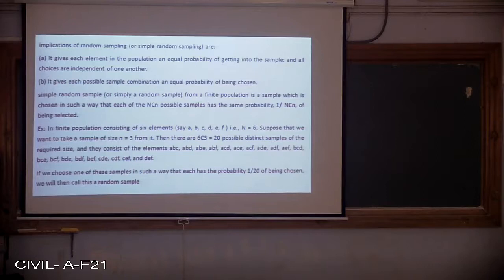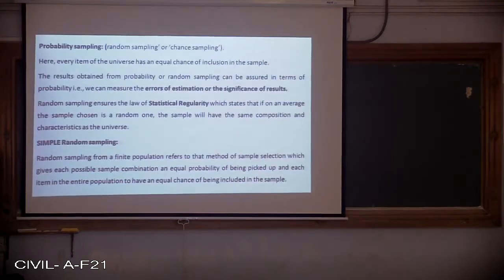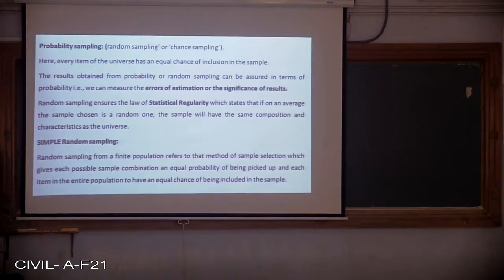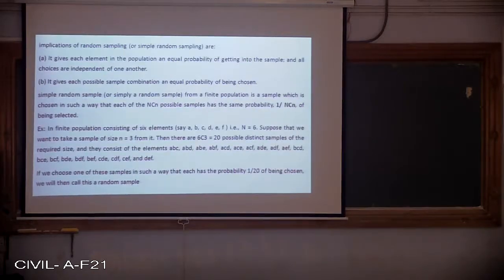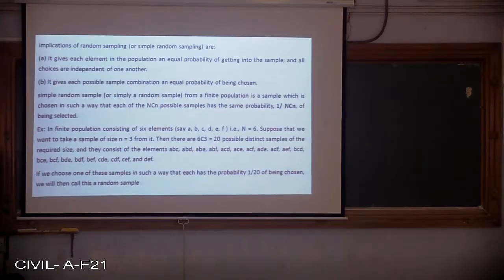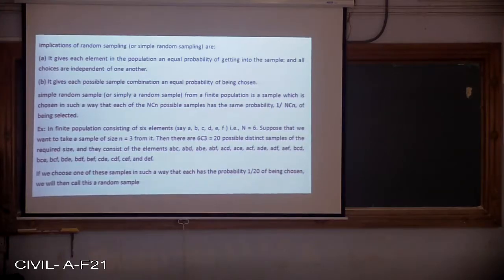A random sampling from a finite population refers to that method of sample selection which gives each possible sample combination an equal probability. That is why it comes under probability sampling, where each and every item has its own importance. It is not biased, it is not non-probability, it is probability sampling. It gives each element in the population an equal probability to get into the sample and all choices are independent of each other.